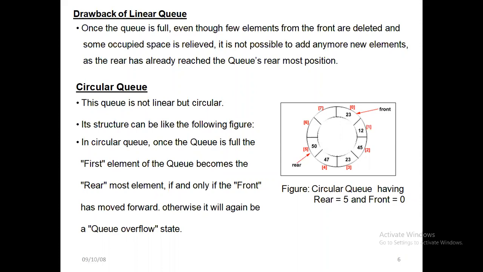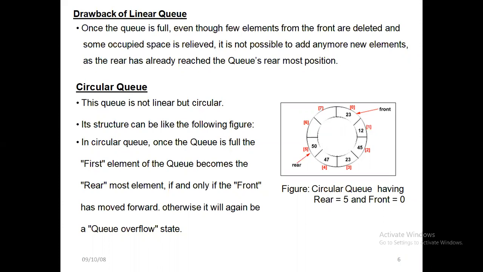In a circular queue, once the queue is full, the first element position becomes the rearmost position, if and only if the front has moved forward. Otherwise, it will again be a queue overflow.